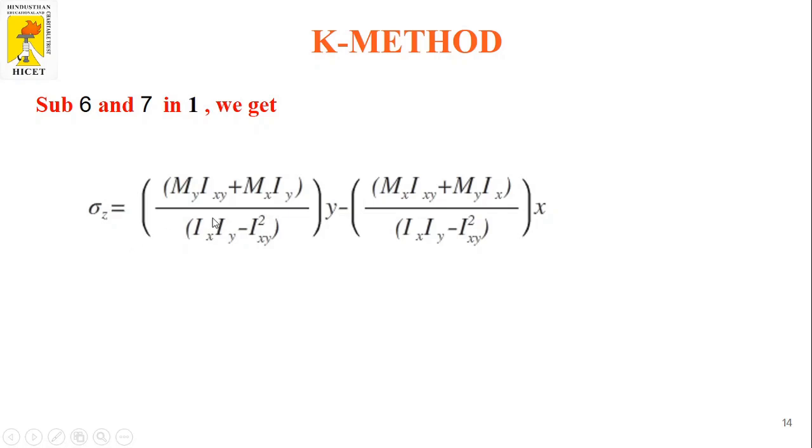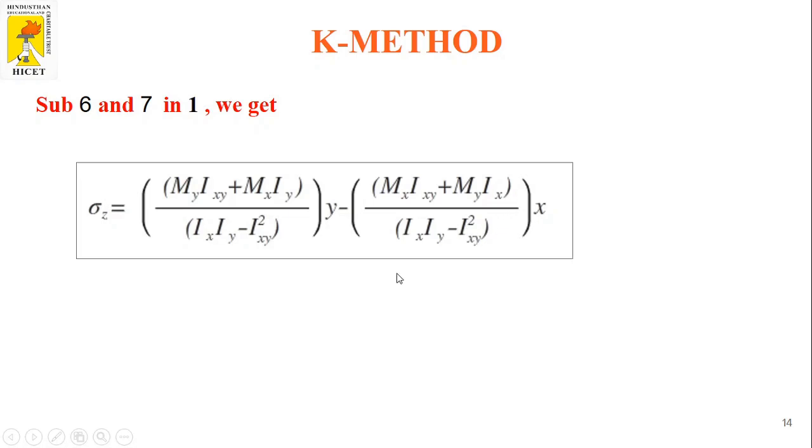Sigma z is equal to (My Ixy plus Mx Iy) divided by (Ix Iy minus Ixy square) into y, minus (Mx Ixy plus My Ix) divided by (Ix Iy minus Ixy square) into x. So this is the bending stress equation for symmetrical bending as well as unsymmetrical bending by the k method. Thank you for watching this video.